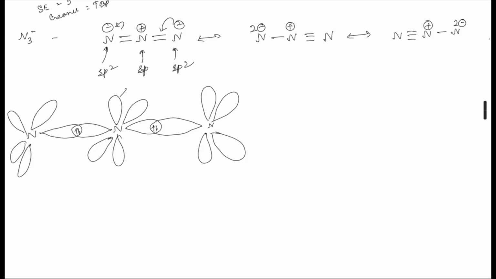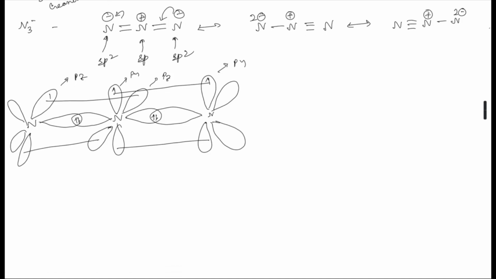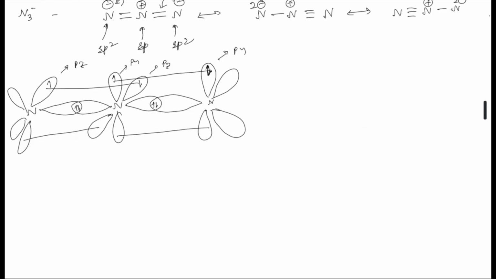This is py, so this overlapping will take place to form a pi bond, and this is pz, so this pz will overlap to form another pi bond. The spin will be in opposite directions. So this is the structure of N3 minus.